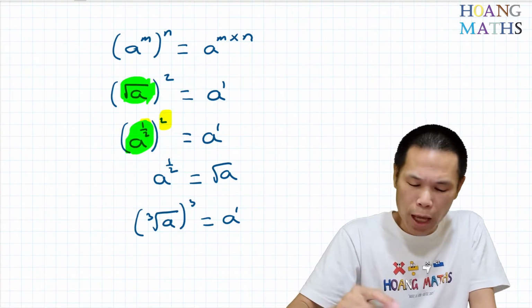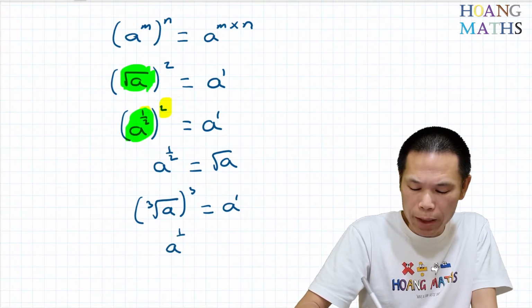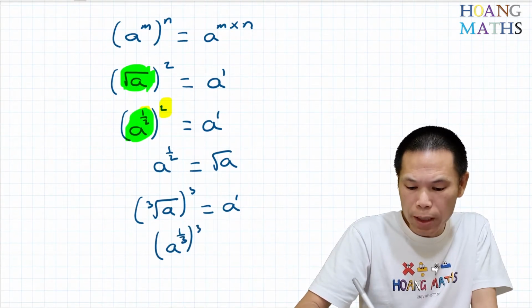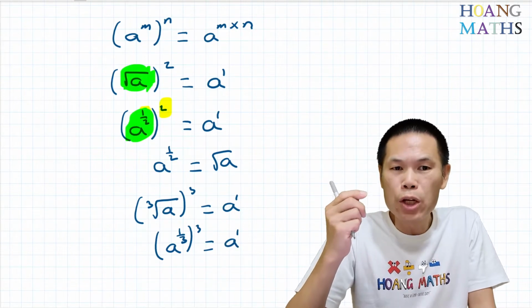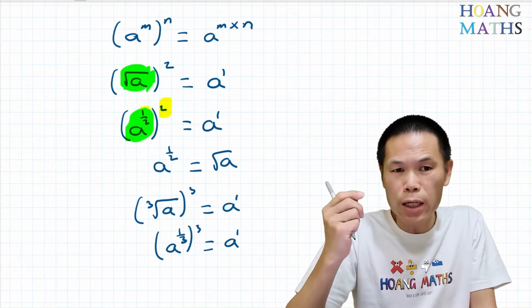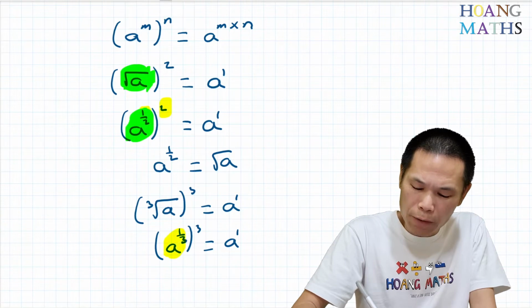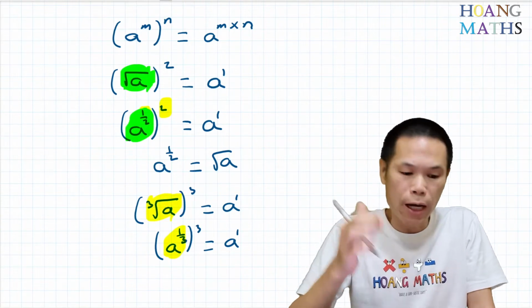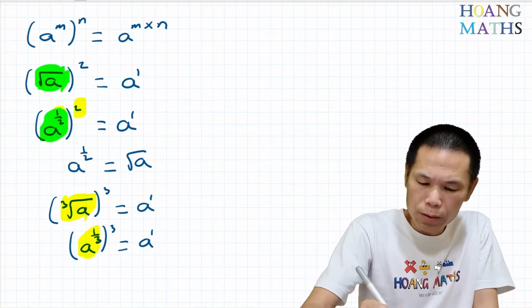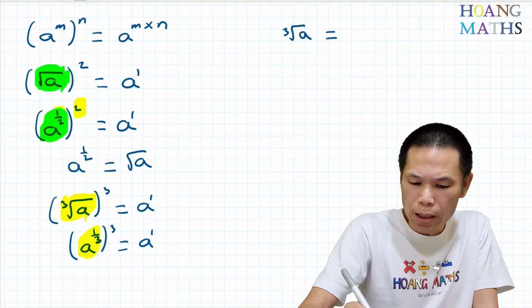And we also know from the index law that if we have x to the power of a third and we cube it, it also gives me x, I mean x to the power of 1, because a third times 3 is 1 whole. So in other words, x to the power of 1/3 is exactly the same as the cube root of x. So let me just write this down. The cube root of x is x to the power of a third.